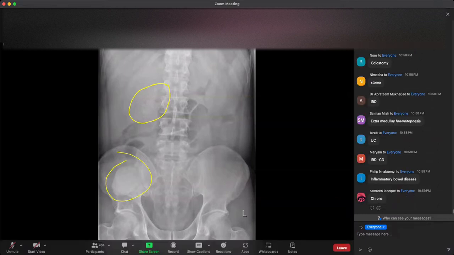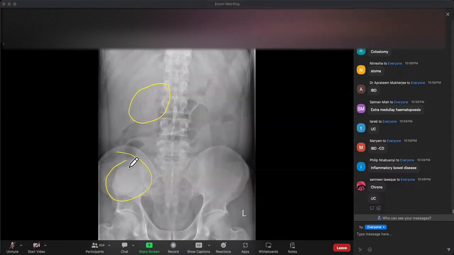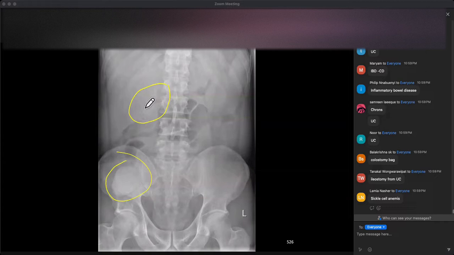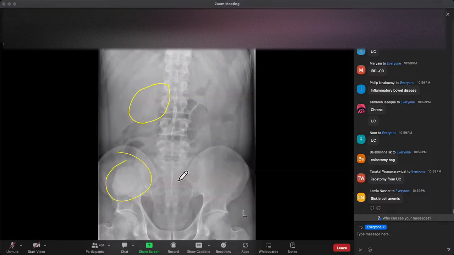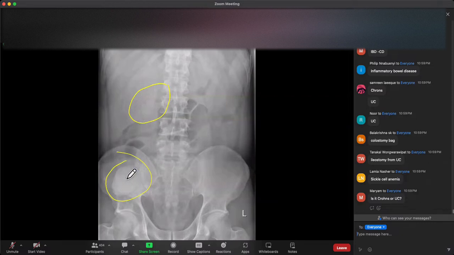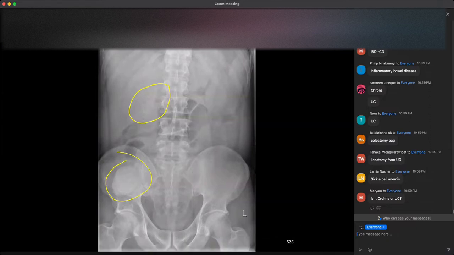So we've got ulcerative colitis, ileostomy because the patient's had a panproctocolectomy, and they've got associated gallstones. That's it. And the other thing that you need to say in the exam and in real life is tell the examiner what's going on in the SI joints. These SI joints are completely normal, but you want to tell the examiner that there is association between this condition and enteropathic arthropathy. So very important to mention that.